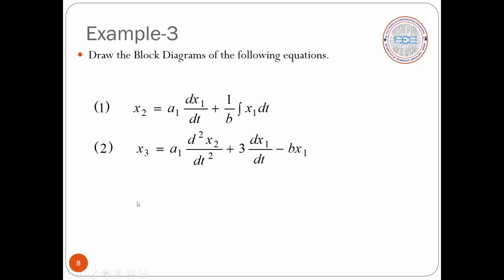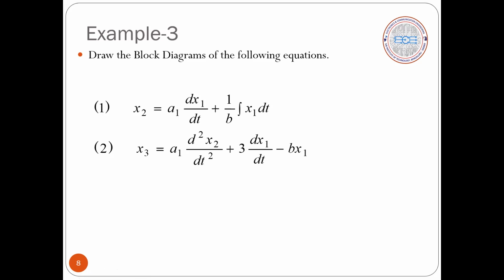Okay, and again you have to take one more line from x1, and you have to make that x1 pass through a block which is performing an integration, and it has to pass through one more block which has a gain of 1 by b. Whatever output we get from this line and this line, I have to feed to a summer, and finally we'll get the output x2 which we are looking for.